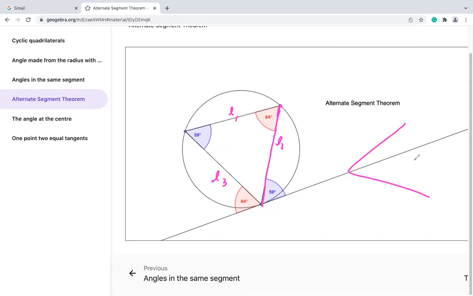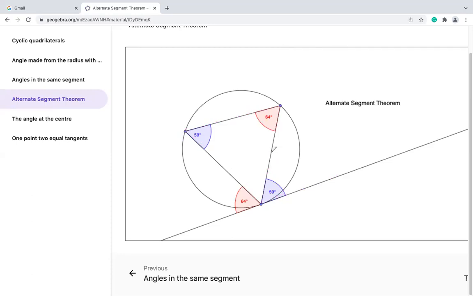If you have three chords on a circle, then this theorem gets applied easily. The angle made by one chord, which is this chord, and the tangent, that is this angle, is equal to the angle between the other two chords. This is how I take it as a shortcut.